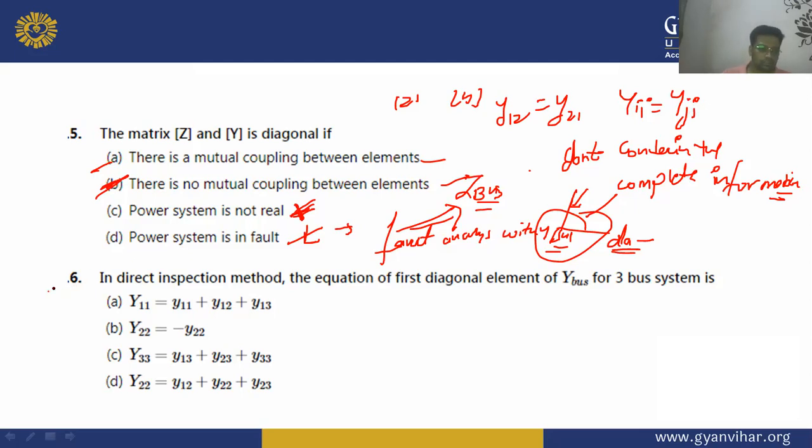Now, question number 6. In direct inspection method, the equation of the first diagonal element Y bus of the 3-bus system is what? It is of A, B, C, D. Okay. Let us take these three buses, bus number 1, bus number 2, and bus number 3.